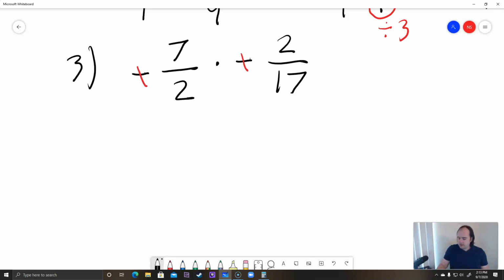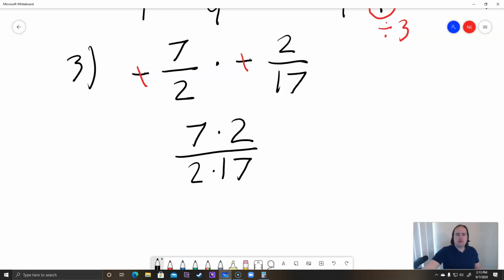All right? And then how do we multiply? We multiply straight across. So on the top, we're going to have 7 times 2, and then on the bottom, we're going to have 2 times 17. And again, I'd recommend that you go ahead and simplify in this step. So looking for common factors, we can see there's a 2 on the top and the bottom.